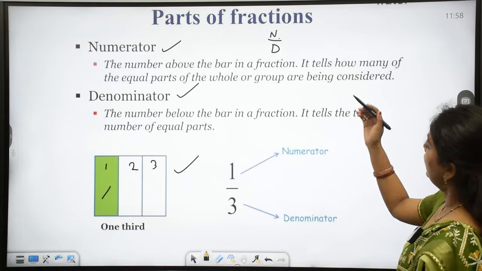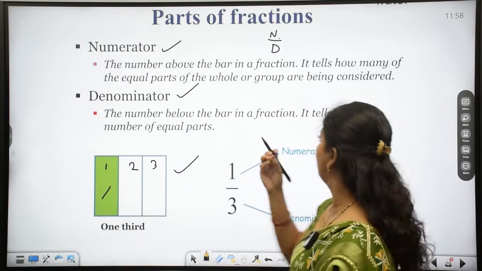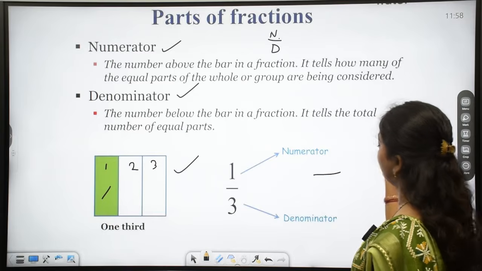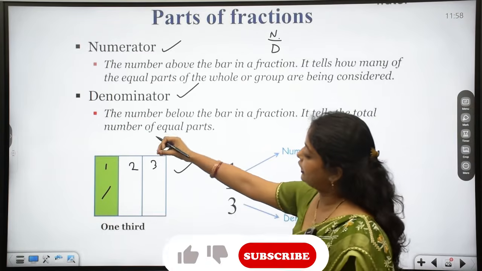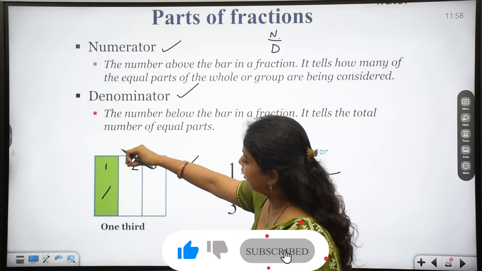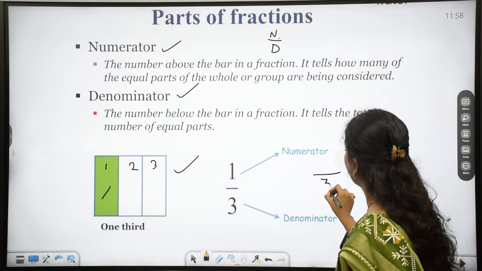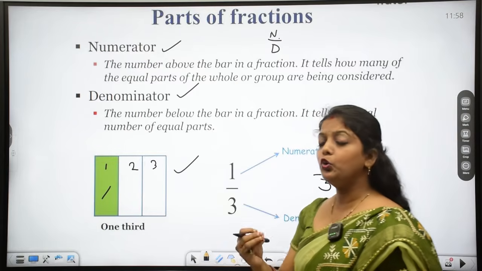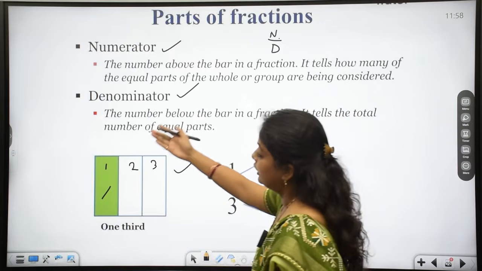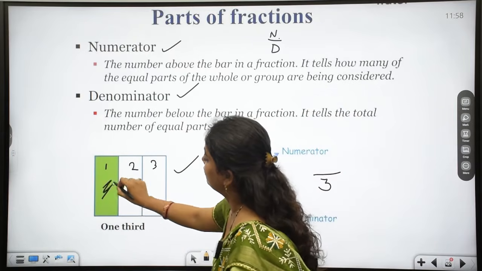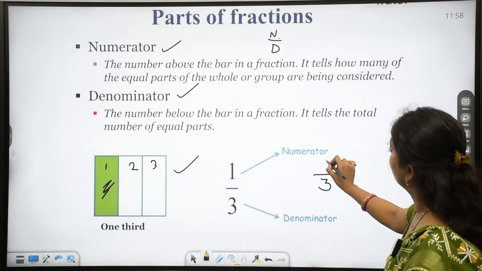As I told you, in the denominator we always write the total number of equal parts, and this figure is divided into 3 equal parts. That means in the denominator we write 3, and for the numerator we take the required parts. Here they have shaded one part of the whole. That means in the numerator we write 1.